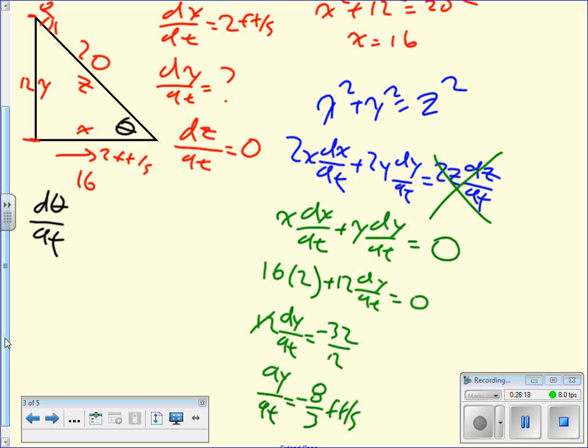What's going to relate theta and the hypotenuse and the adjacent side? Cosine. Right? Sine, cosine, tangent. Those are the ones we're going to deal with. The cosine of theta is equal to x over z.